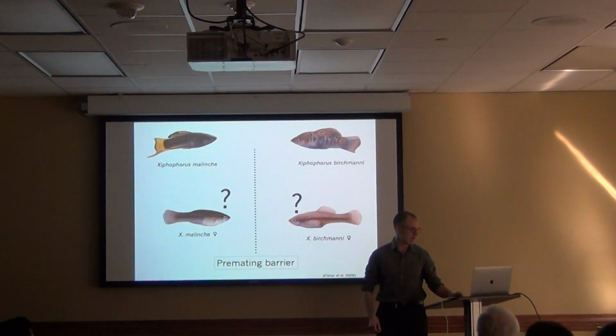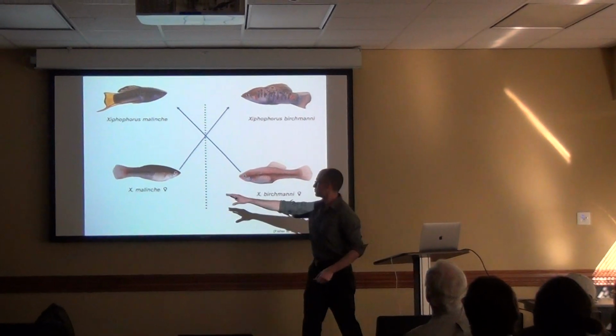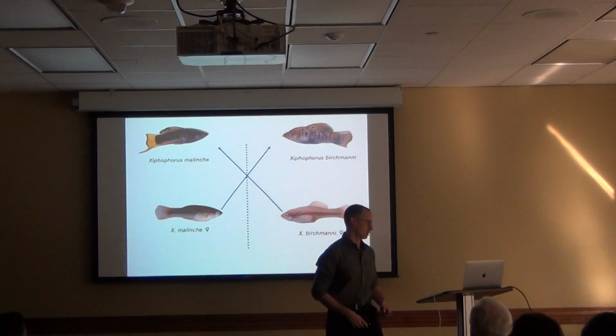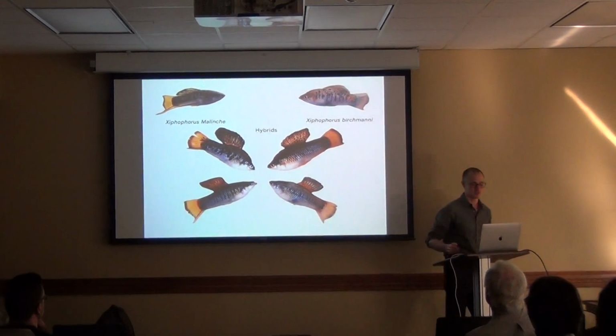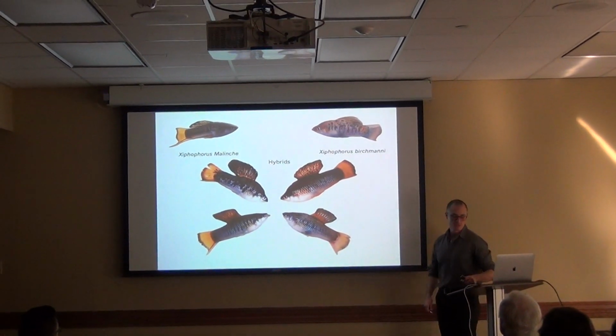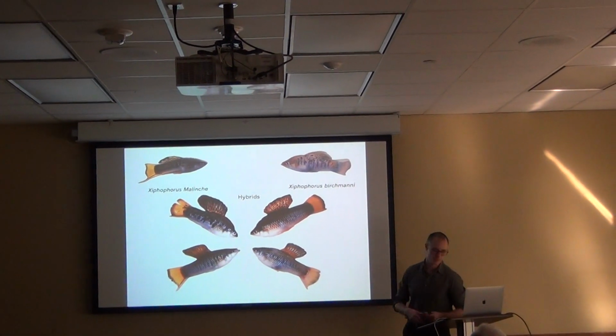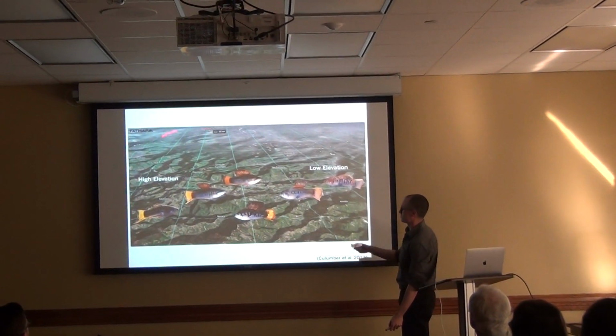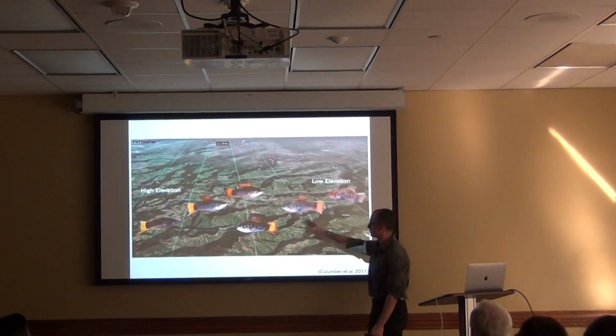So what happened is the two species began to interbreed with each other. And then we have these hybrids. And these hybrids, we can find them everywhere in this area where they overlap.